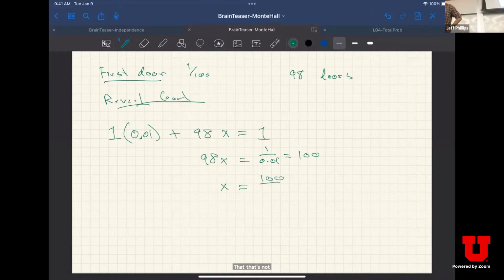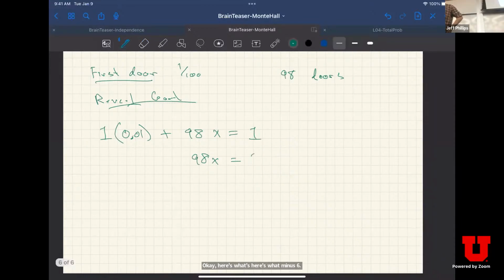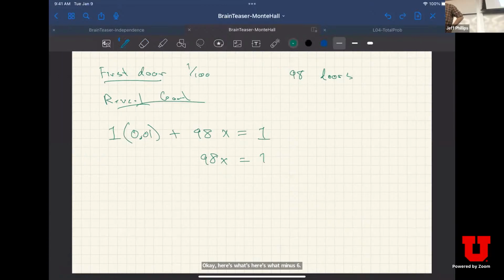I should subtract here. Here's the mistake I made. This is going to be 1 minus 0.01. I'm subtracting this from both sides. So 1 minus that is 0.99, equals 98x. And if I solve for x, that's 0.99 divided by 98.